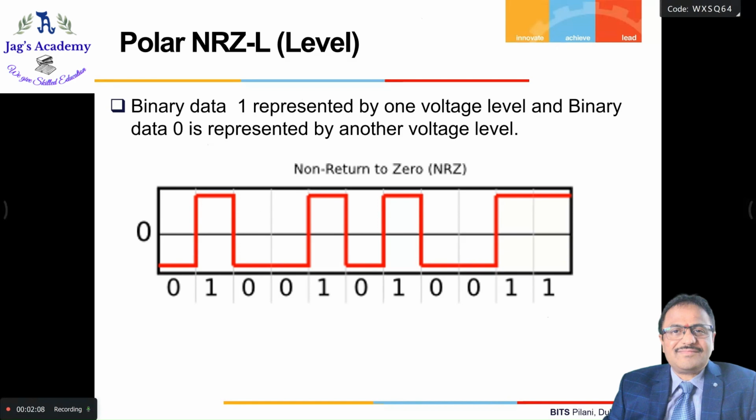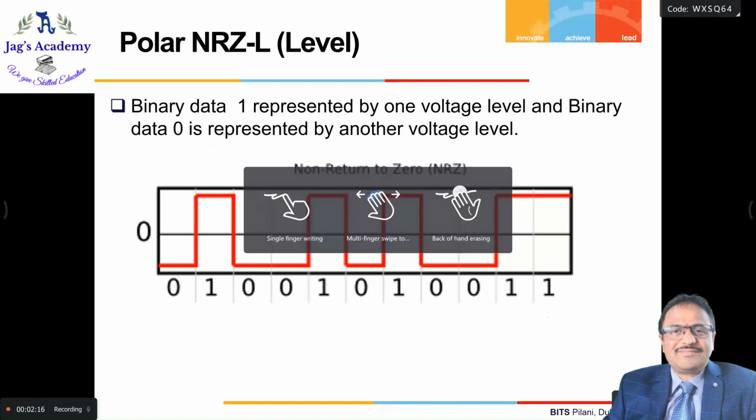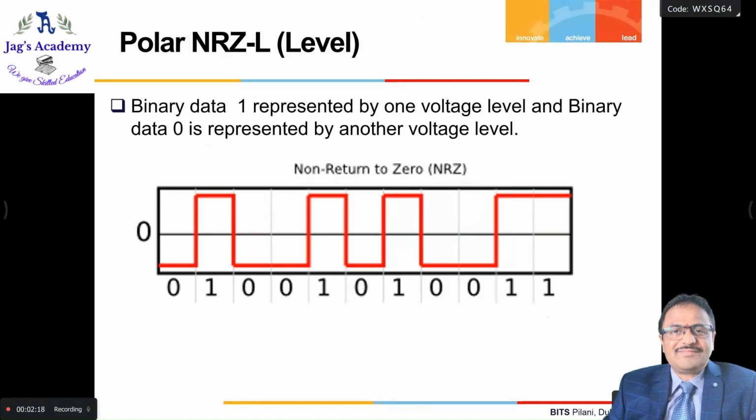Let one be represented by plus 5 volt, and zero represented by minus 5 volt. It need not always be plus 5 and minus 5. It can be a different polarity for both zeros and ones.